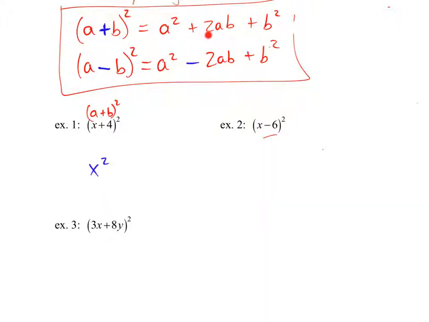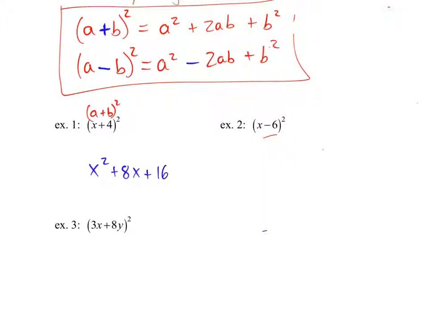Well, I have 2 times a is what? x, and b is 4. So I have 2 times x times 4, which is the same as plus 8x, because you could do the 2 times 4 times x. And then I end up with over here a plus b squared. b is 4, so it's going to be plus 16. You are welcome to do it that way.